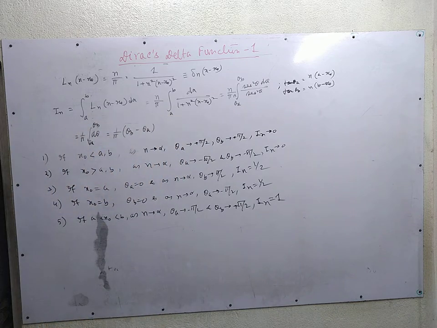So here we have proved the shifting property in terms of Lorentzian, and it is an easy touch to show that the normalization condition is indeed obeyed by this fact.